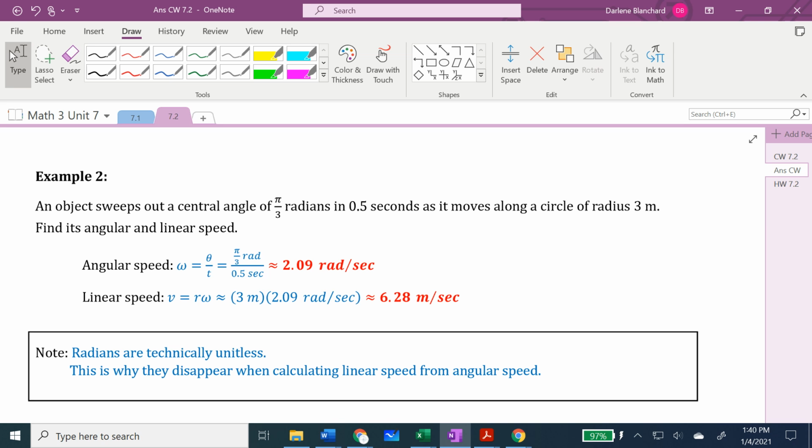Now, if you think about it, does it make sense that when you're driving a car or bicycle and you ask what is your speed, you're going to give something like miles per hour, meters per second.